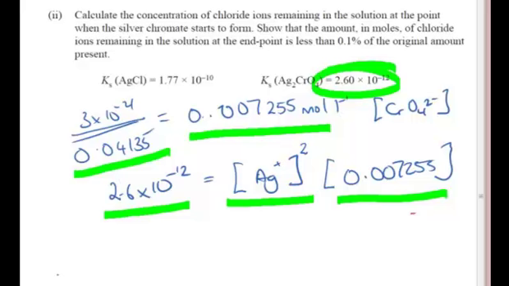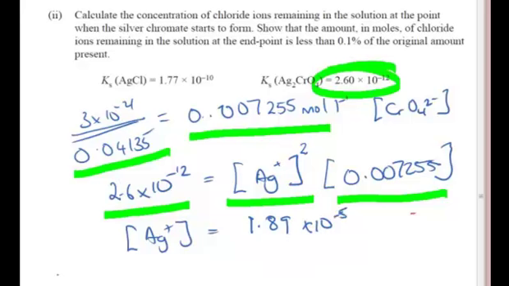So obviously we just rearrange that and calculate that, and we should end up with a concentration for silver, which is going to be equal to 1.89 times 10 to the negative 5 moles per litre.